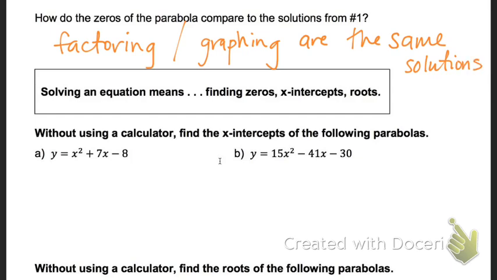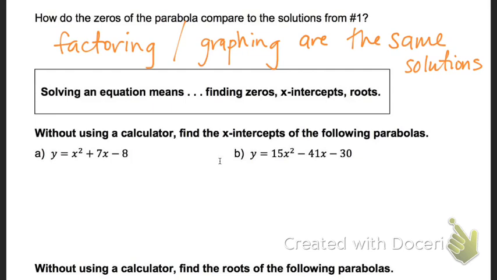So I just verified that when I graph the same equation, I'm going to end up with the same answer as I did by factoring. If I completed the square, would I get the same answer with that equation? Yes. If I did the quadratic formula, would I get the same answer? Yes.